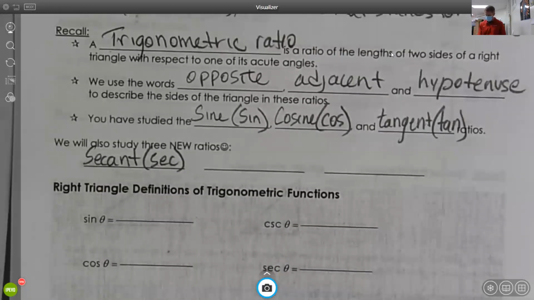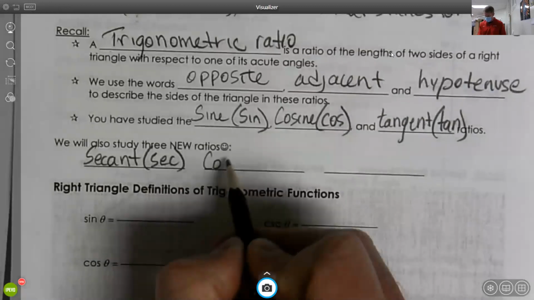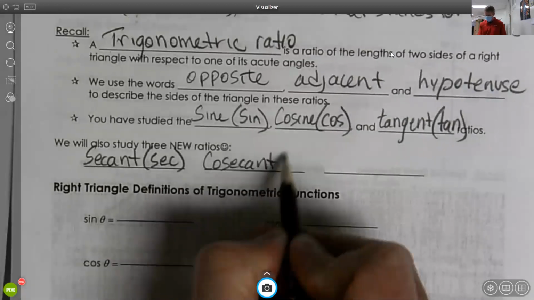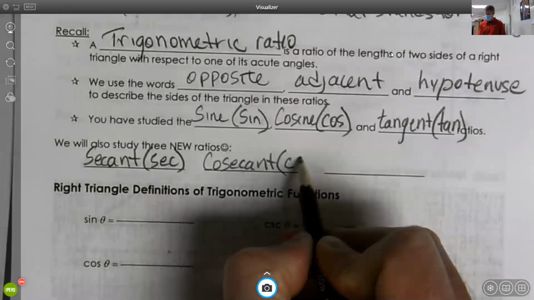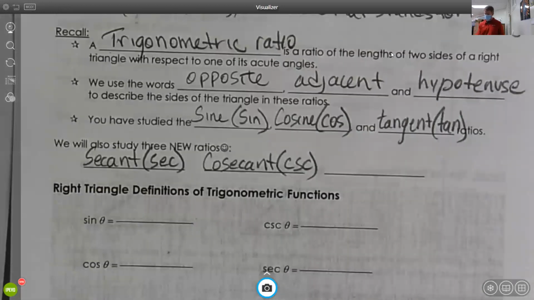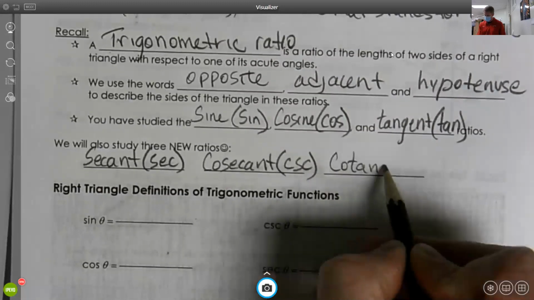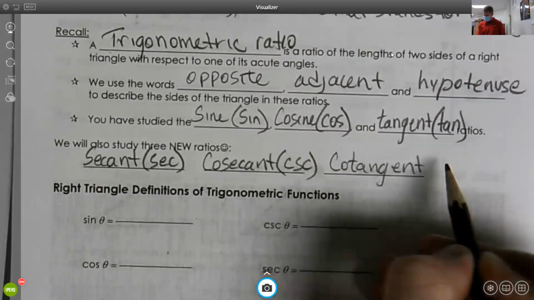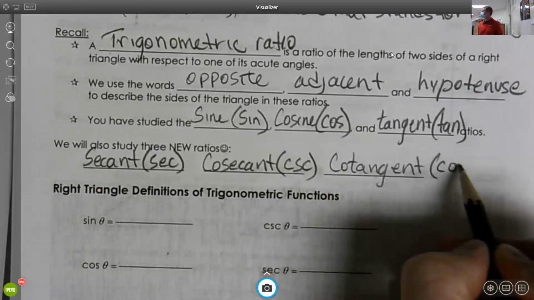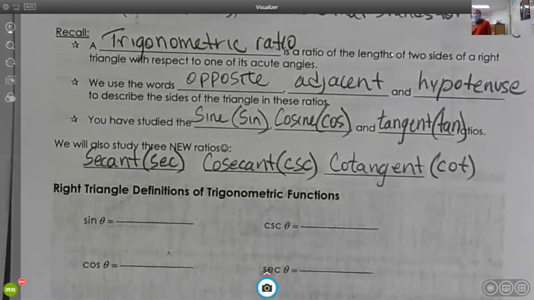We have cosecant, which is abbreviated C-S-C, and we have cotangent, which is abbreviated C-O-T. Again, when you read those letters, C-S-C, you don't pretend to pronounce that. You pronounce that as cosecant.